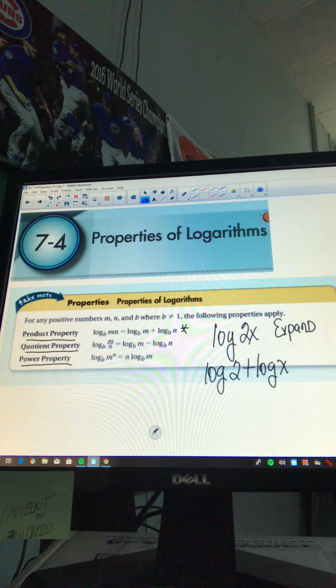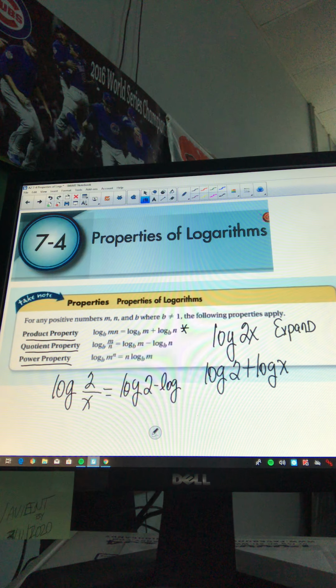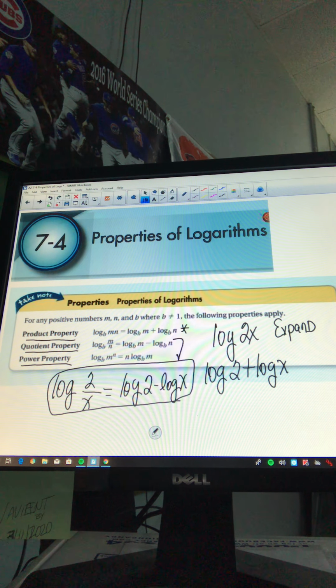Okay? Now the quotient property uses subtraction. So using our same example, the log of 2 divided by x equals the log of 2 minus the log of x. Okay? So that is the quotient property.